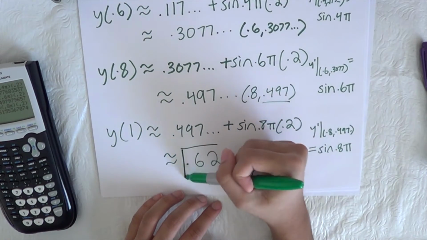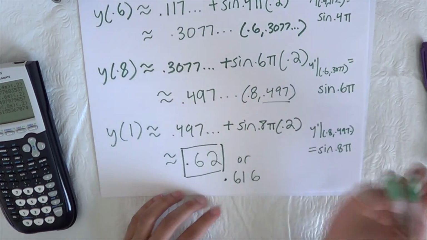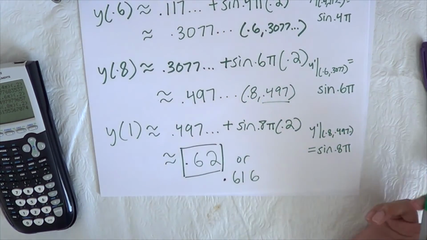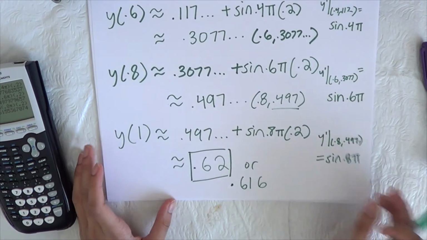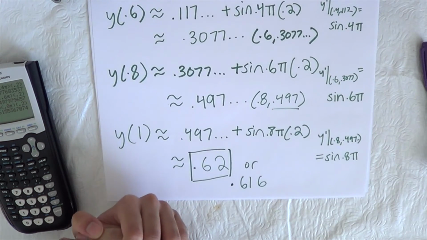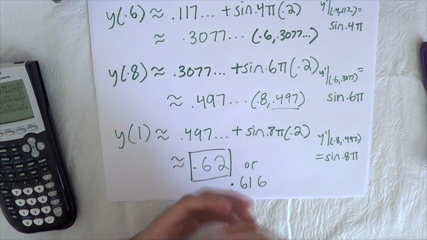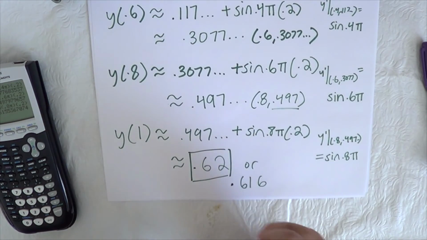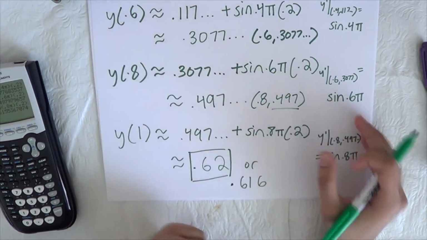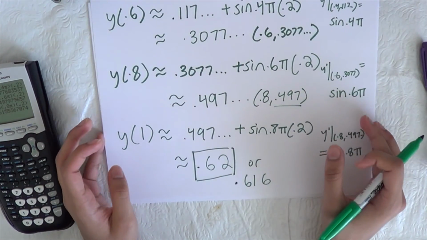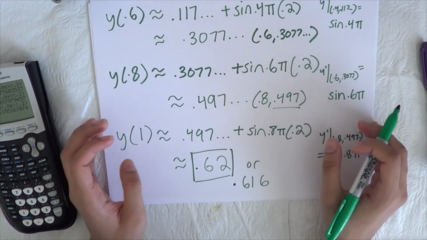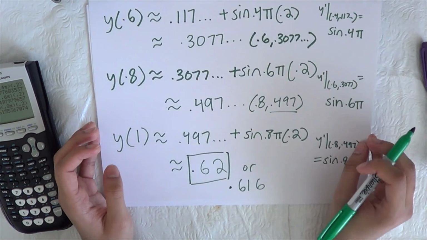It turns out to be 0.62 or 0.616, however you want to round it. So that's how you find and approximate a value using a given number of steps. You just find your interval and go on through using Euler's method from there. So that's how you do that.